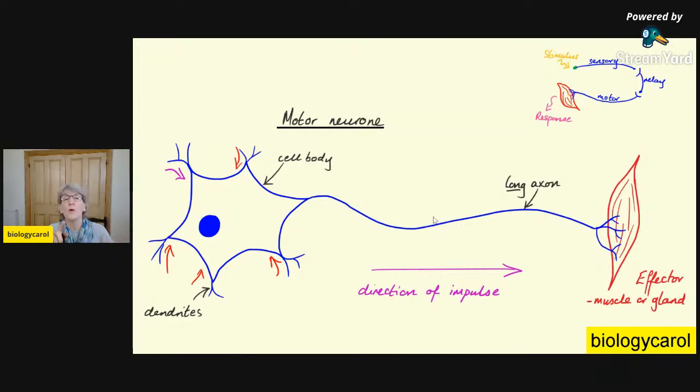And here's the reason why it's a really long axon. The cell body of a motor neuron is in the central nervous system. It's either in the brain or it's in the spinal cord. And that means for the motor neuron to get down to my feet, the axon for that motor neuron has got to be the length of my legs.